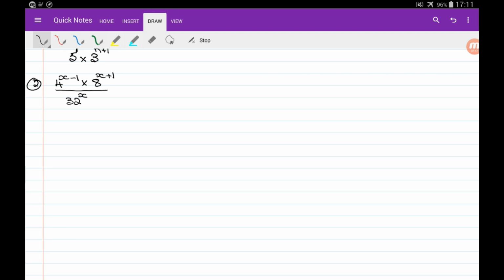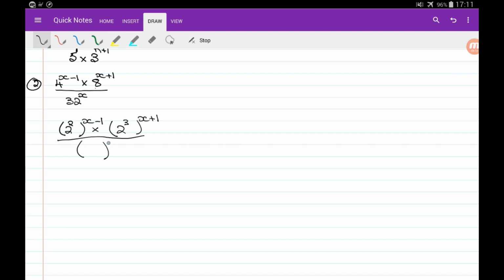It's really important that you take the 4, the 8 and the 32 down to their prime factors. So instead of a 4, I'm going to write a 2 squared. Instead of an 8, I'm going to write a 2 cubed.